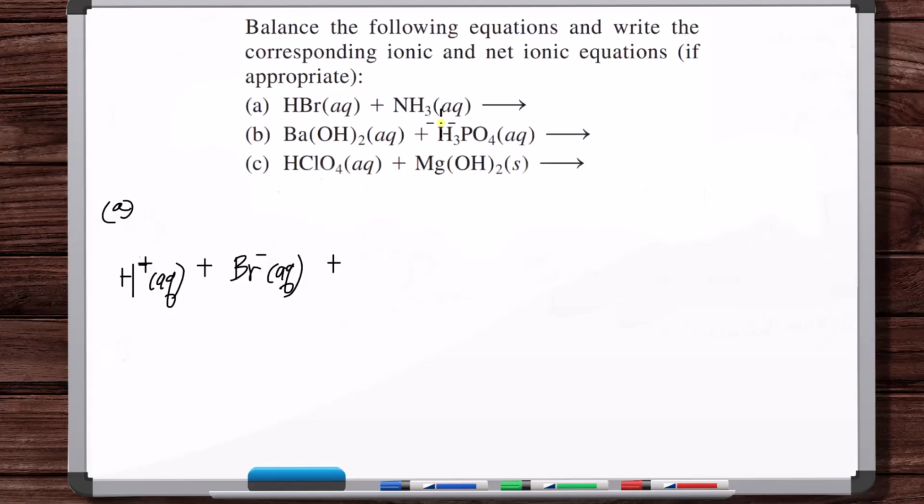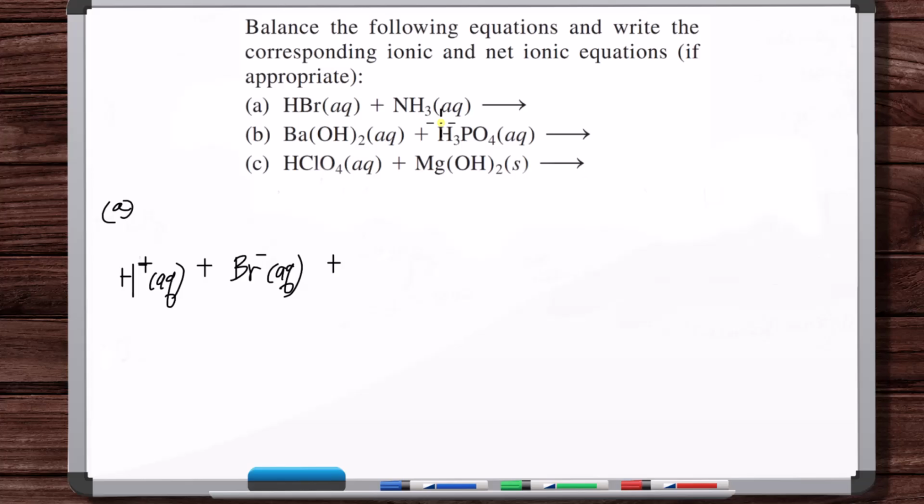Well, okay, to figure this out, let's go back and think about the overarching purpose of the ionic and net ionic equations. What's the whole reason for these equations? Why are they used? Well, they're just used to create a more illustrative picture of the reaction that's taking place in the aqueous solution.